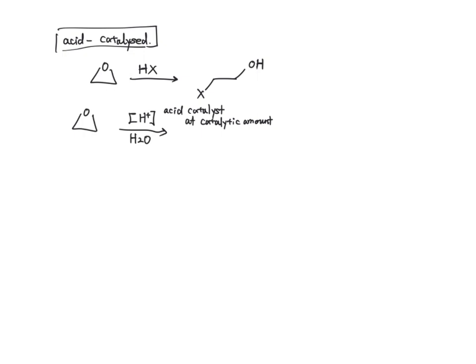And in this case, instead of introducing the X group, we will have the OH group, actually from the water. And if we introduce the acid as catalyst and we have an alcohol, for example, then what we introduce here is an OR group, right? And then the OH group.